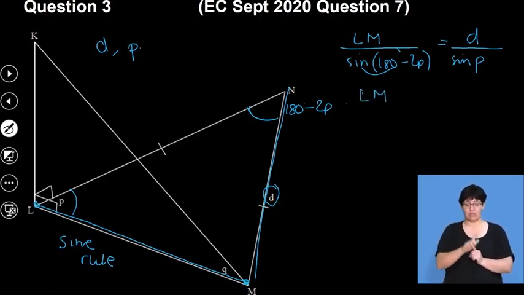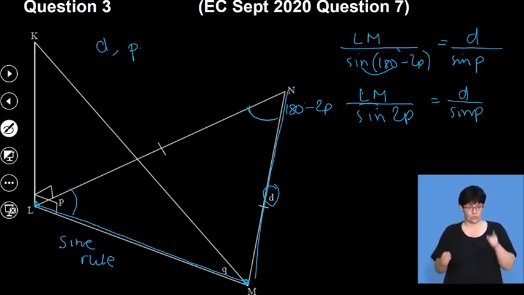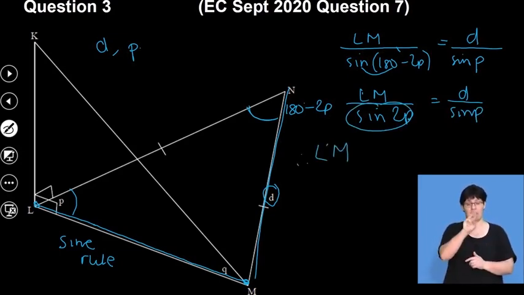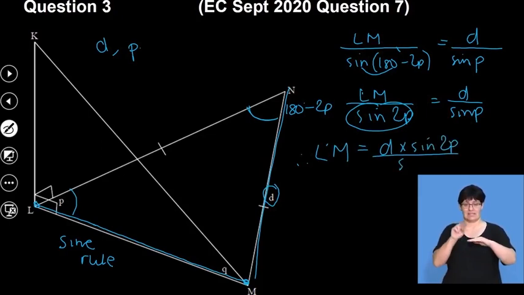Therefore, LM over sine of 2P is equal to D over sine P. And the last thing I'm going to do is multiply both sides by sine of 2P in order to get rid of that denominator on the left-hand side. Therefore, LM is equal to D times sine of 2P all over sine of P.